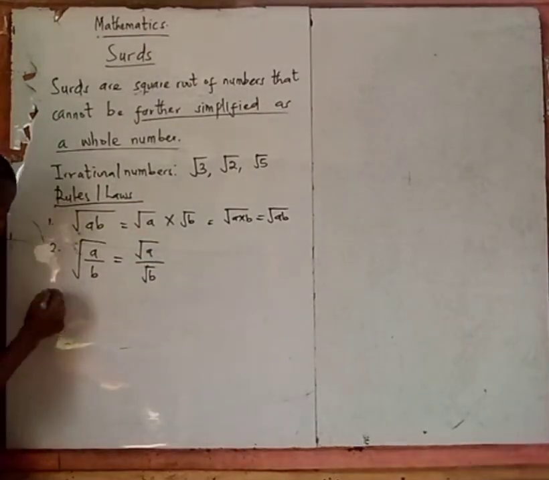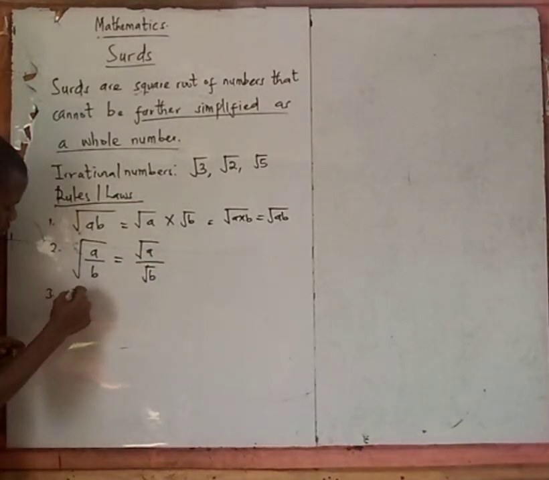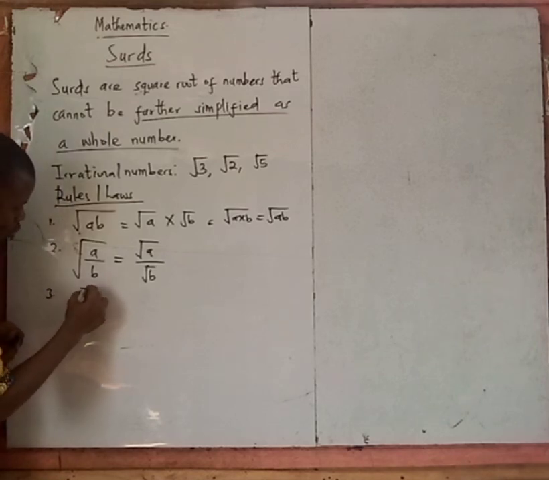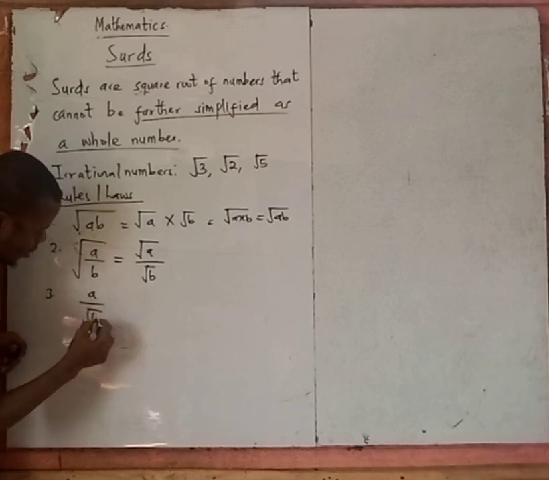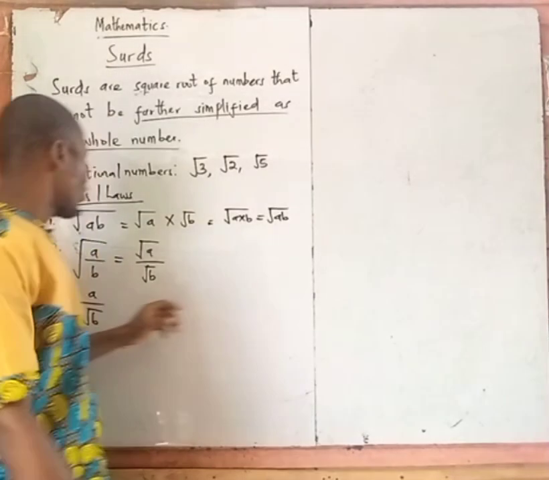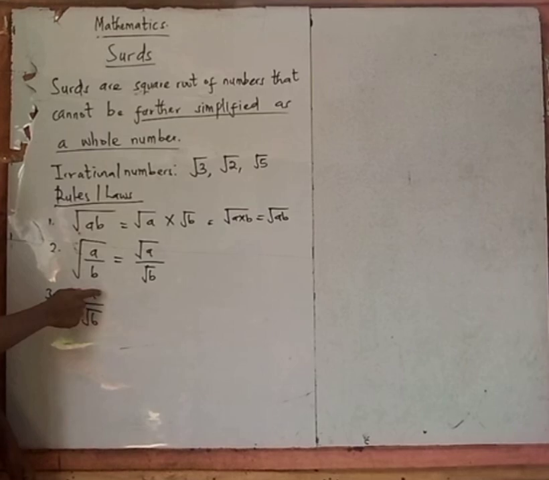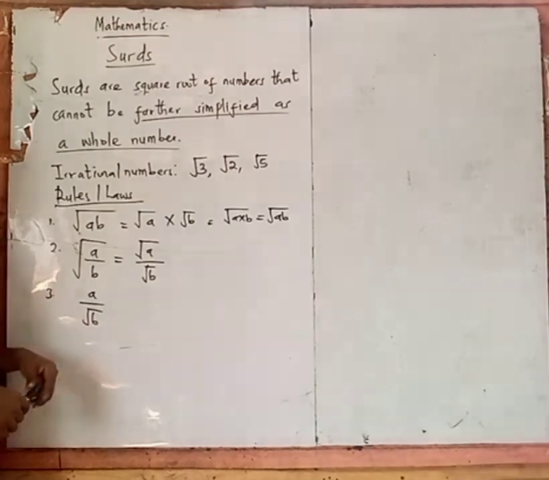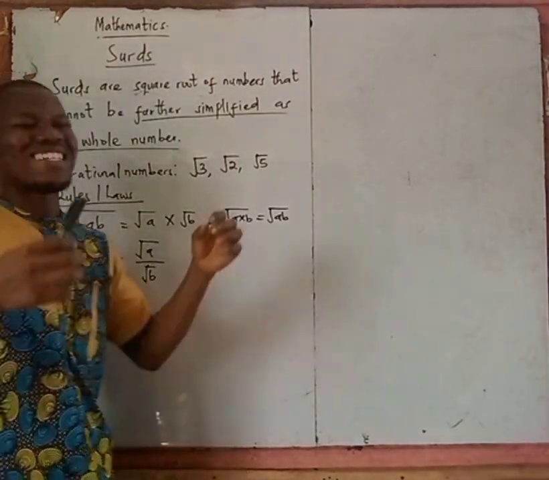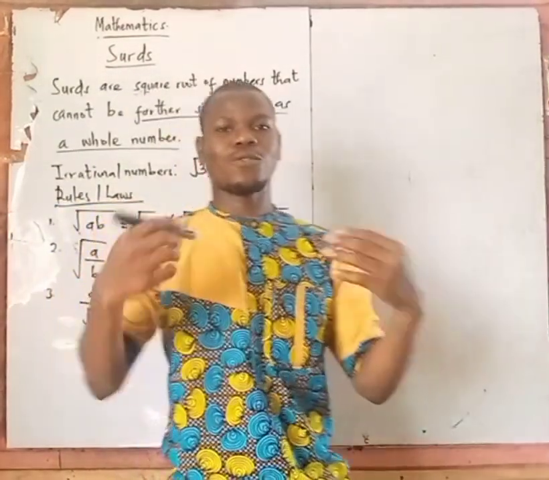So number 3, square root of A over root B. In this case, we are having the numerator without a root, while the denominator is having a root. So in this case, it's something we call rationalization of surds.